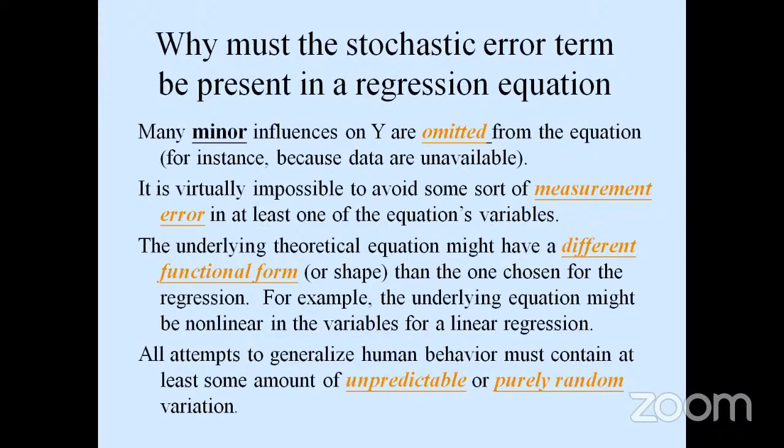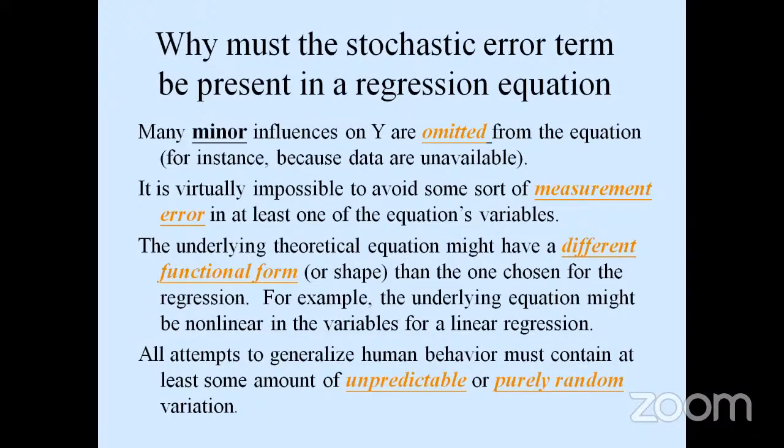If you observe, many minor influences on y are omitted from the equations, for instance because the data are unavailable, or there is some mismatch in the data, or there are many external aspects. We divide the entire errors into two possibilities: assignable errors and chance causes. Assignable errors can be controlled by humans and chance causes cannot be controlled by humans. All those things go into the error aspect.